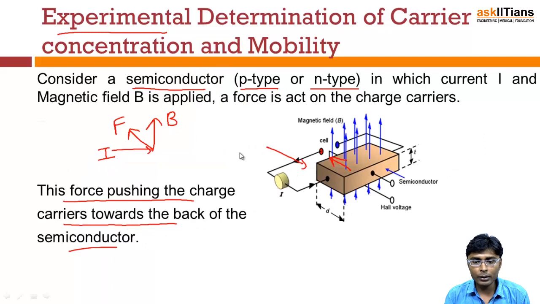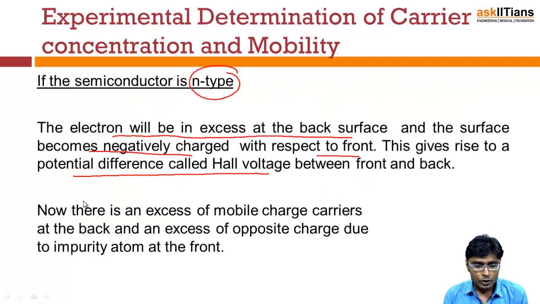If we see in the previous slide, this is the Hall voltage, the voltage between these two sides. Fine. So now there is an excess of mobile charge carriers at the back and an excess of opposite charge due to impurity atoms at the front.